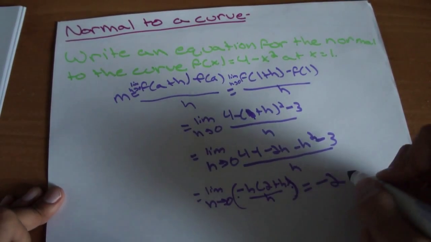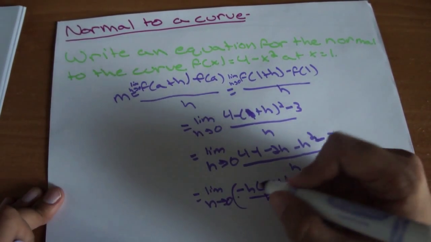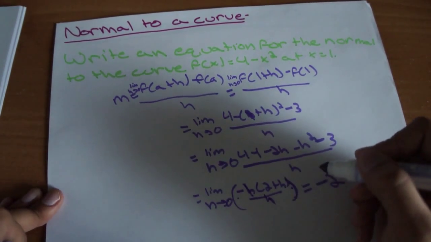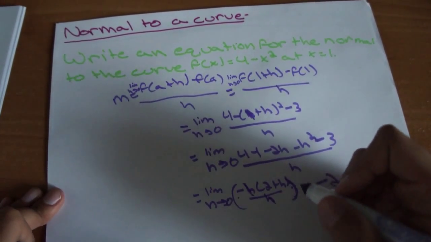The h's will cancel out, so you're left with negative 2 minus h. Plugging in 0 for h, you get negative 2.